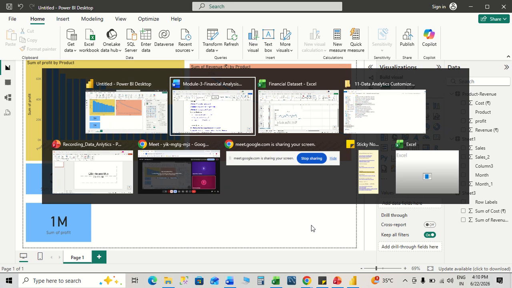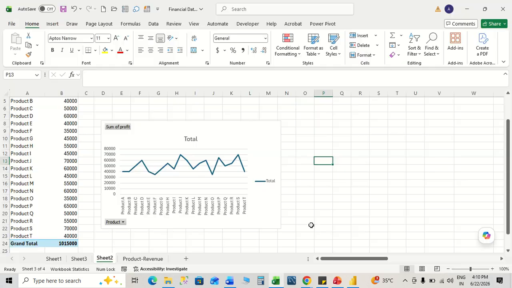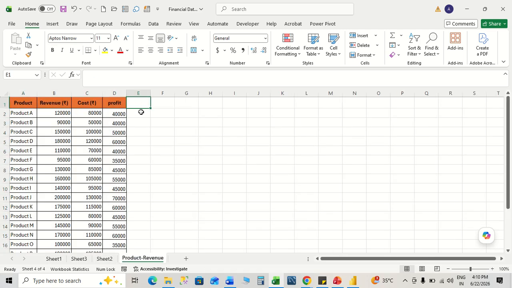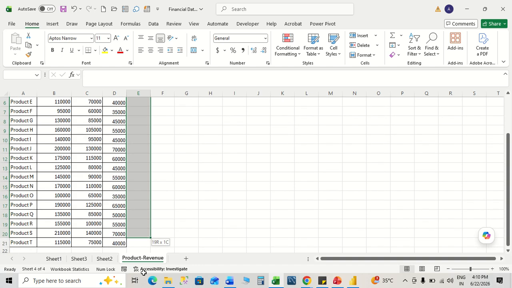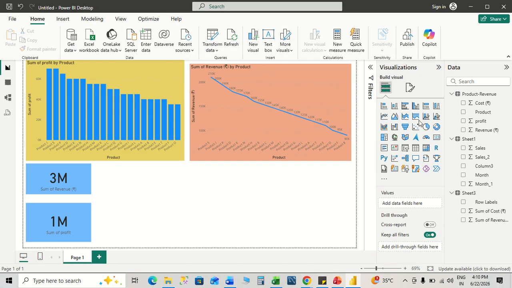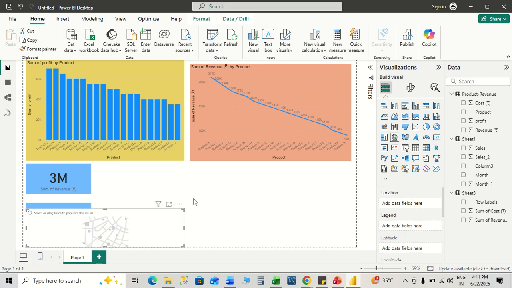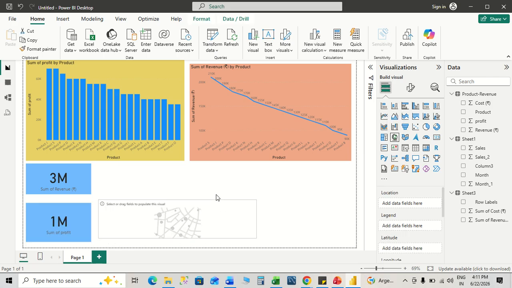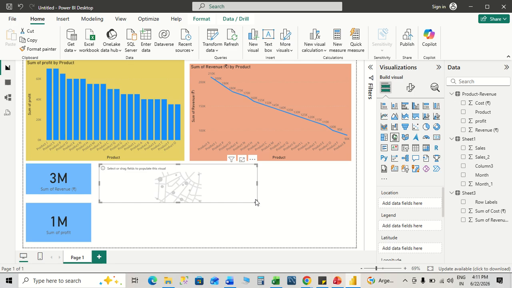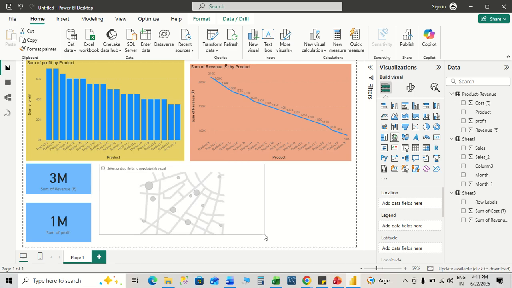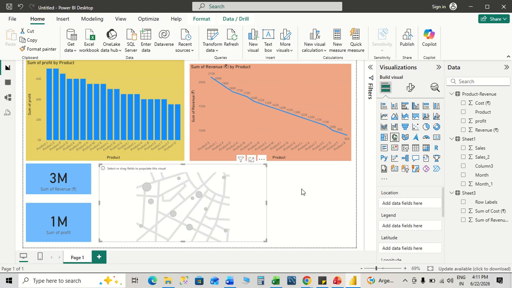If I add the city or pin code here, we can put a map chart, so that we can understand the area wise, city wise or country wise sales, profit, or anything you want to analyze.